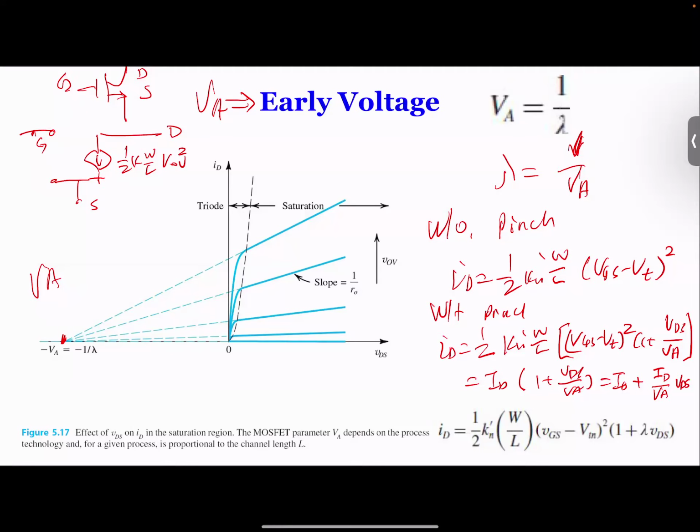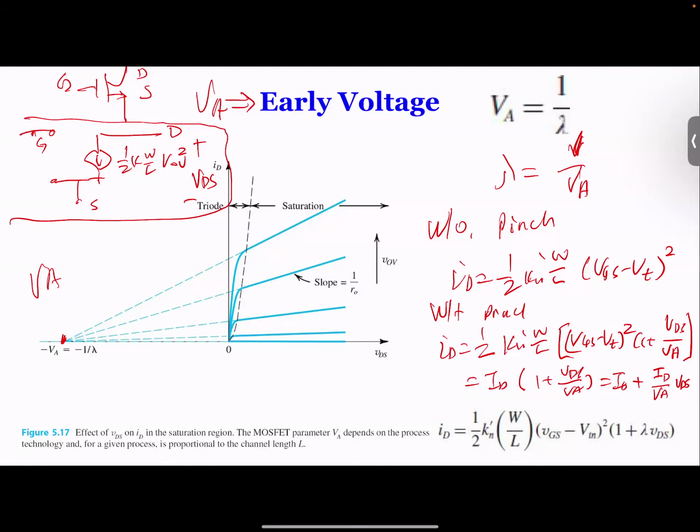Now you see VDS is the voltage from here to here on the graph over here. And ID over VA, if you flip that, what do you get? You get a resistance, right?